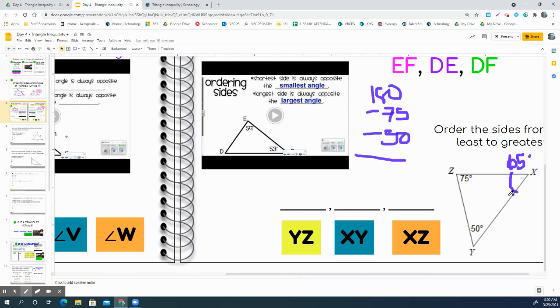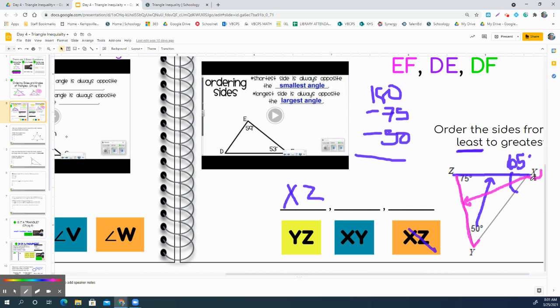Sweet. So now which side is my smallest side? Because I'm looking for the smallest first. I take that 50 and I come over here. ZX is the side, or XZ, right? And then I go to my medium, which is at 65, and I go across to the other side of the triangle.